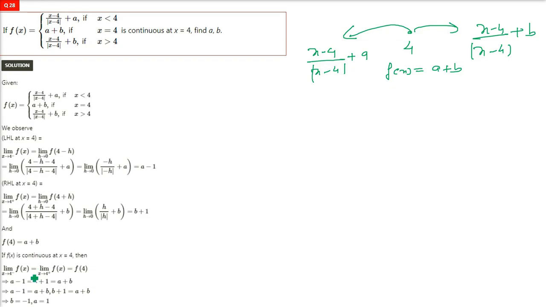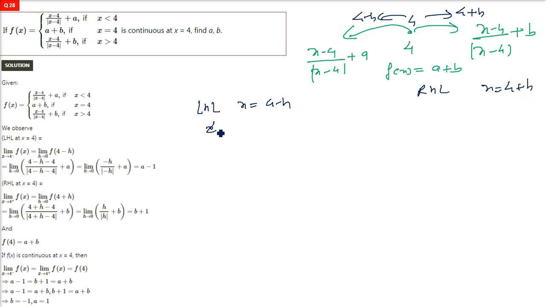So I am going to start with left hand limit, and simultaneously we'll also see the right hand limit as well. So left hand limit, what is there? If we are going on the backward side, it is going to be 4 minus h, because we have to check at 4. Right hand side, it is 4 plus h. So in place of x, I am going to replace it by 4 minus h, and on the right, x is 4 plus h.